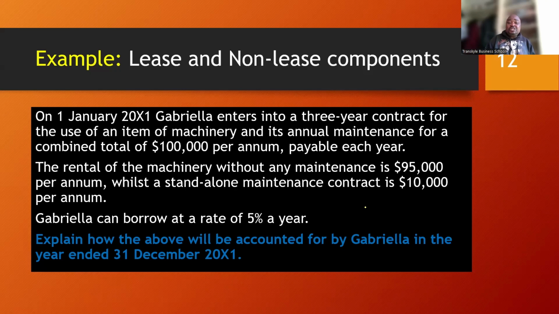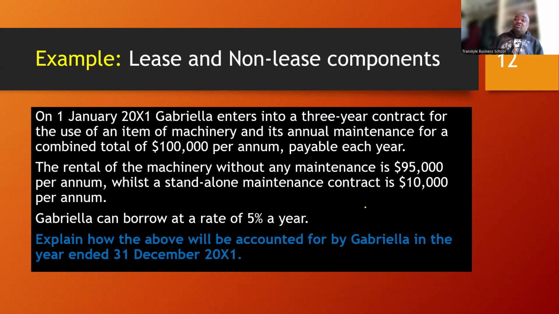The rental of the machinery without any maintenance is 95,000 per annum, while a standalone maintenance contract is 10,000 per annum. Gabriela can borrow at a rate of 5% a year. Explain how the above will be accounted for by Gabriela in the year ended 31 December 2021.